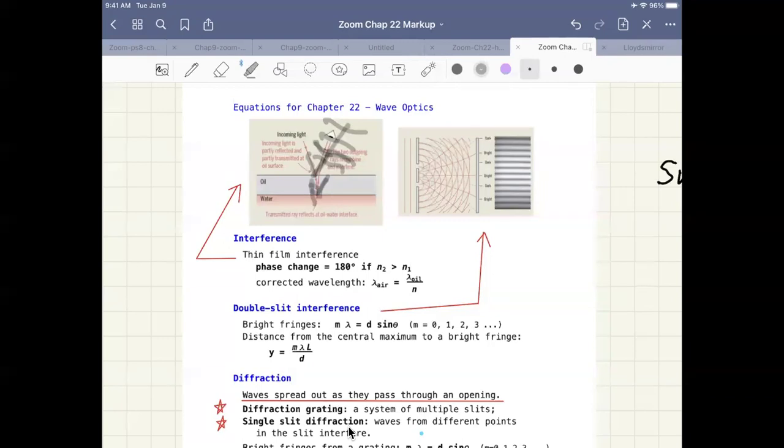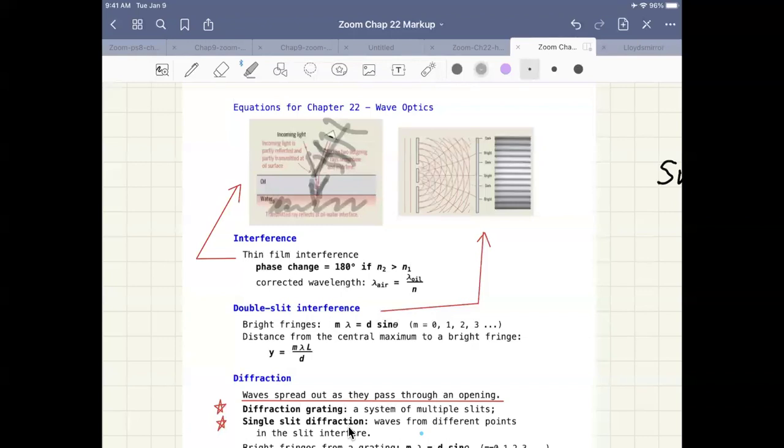On the other hand, if this lower boundary here was different, there might not be a phase change, and then you would actually have destructive interference if the path difference was an integer number of wavelengths.